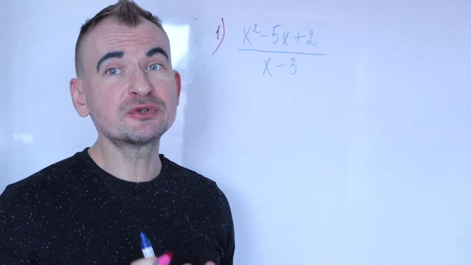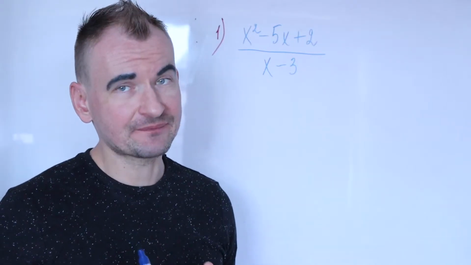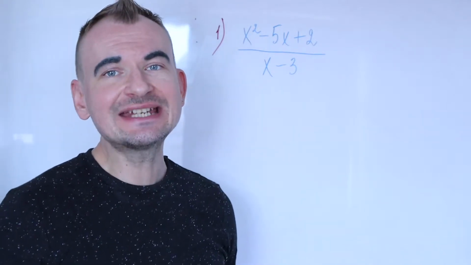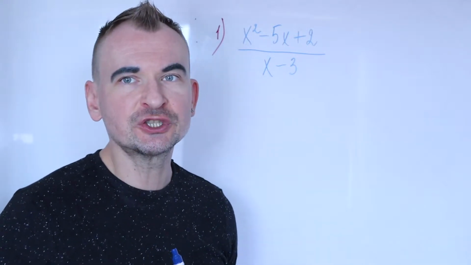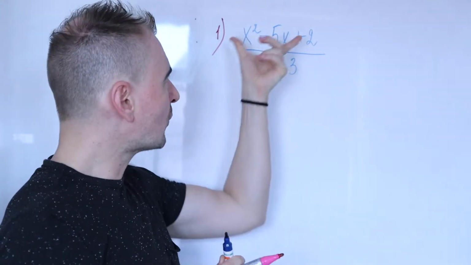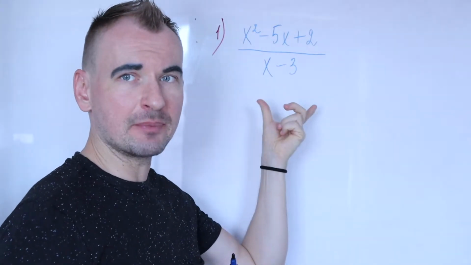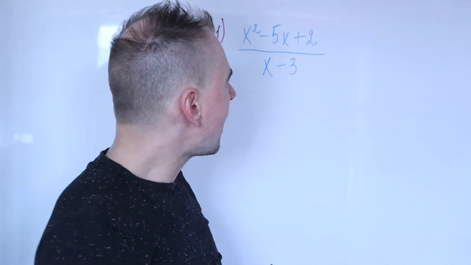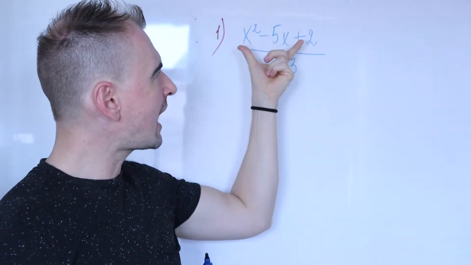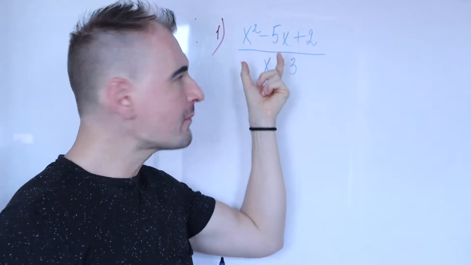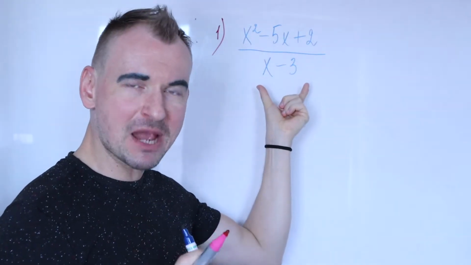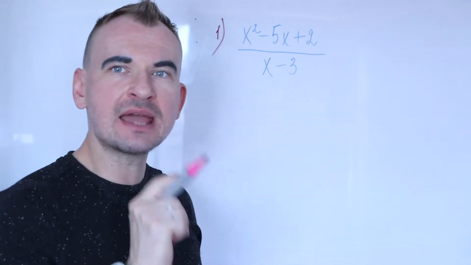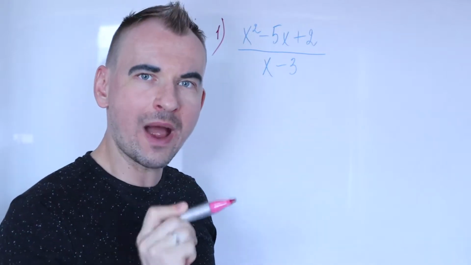Hey guys, we will be doing synthetic division. Well, what is synthetic division? Synthetic division is a kind of shortcut when we divide one polynomial by another polynomial. It's basically applied when you divide one polynomial by a polynomial in the form of x minus a or x plus a.